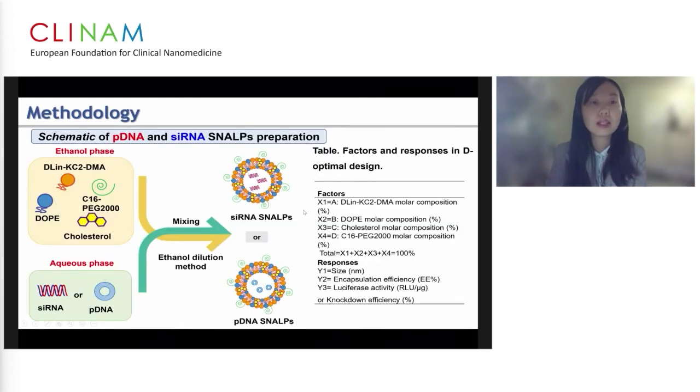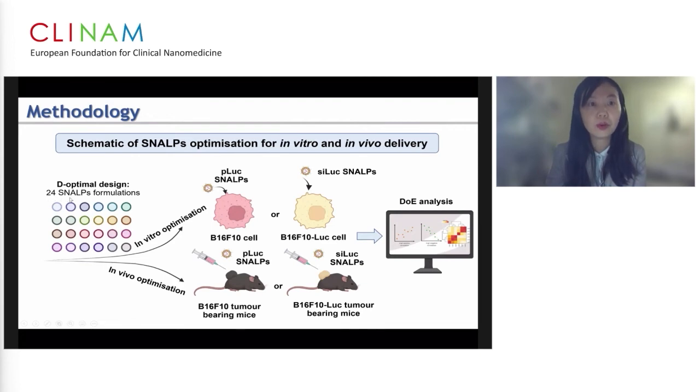In this study, our SNAP consisting of these 4 lipid components was formulated with either siRNA or plasmid DNA by the ethanol dilution method. Then we put these 4 factors and the 3 responses into the DOE software to establish 24 different lipid composition SNAP formulations.